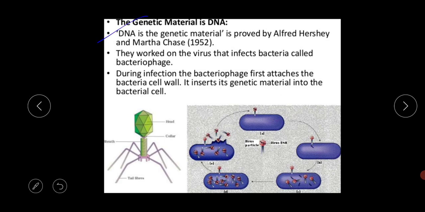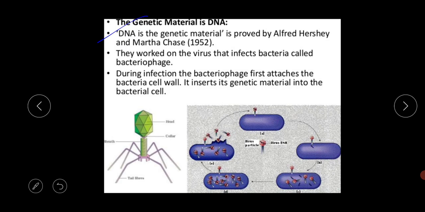There is another experiment. All of you know that the viral infecting agent is DNA. By using radioactive tracers, Alfred Hershey and Martha Chase, in the year 1952, gave evidence that DNA is the hereditary material in certain bacteriophages.